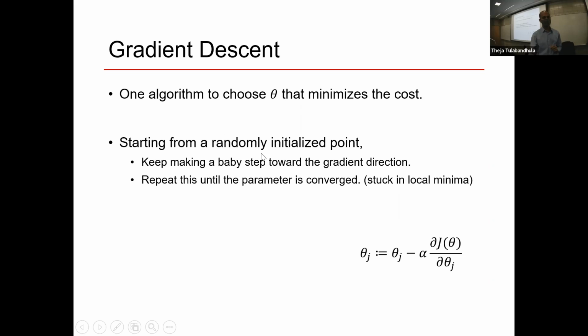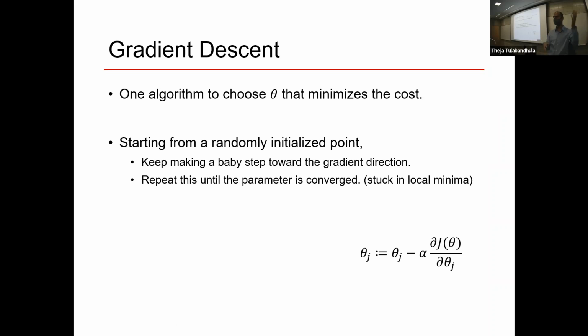It's an iterative procedure: we start from some random point, make a gradient step, and then repeat, making these gradient steps again and again. You don't restart or reinitialize again and again. You start from an initialization point, and then you keep making these gradient steps until the parameters converge. We'll talk about what is meant by parameters converging in a second. So that's the template.